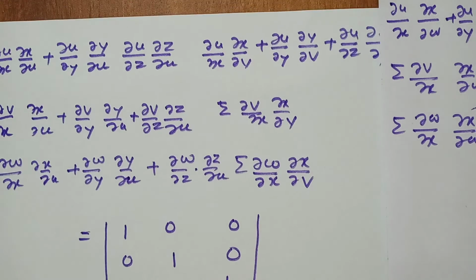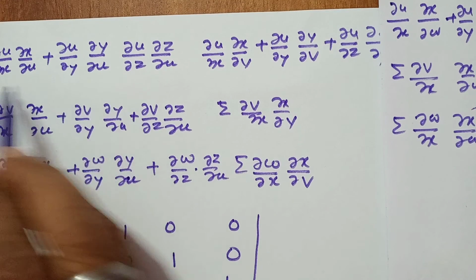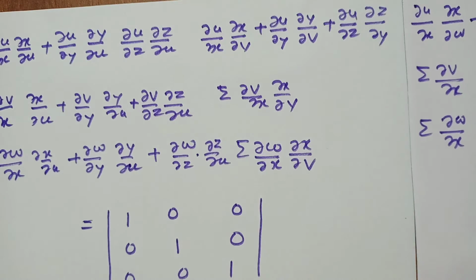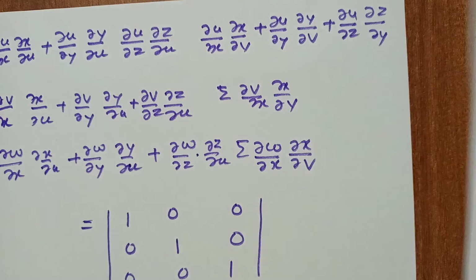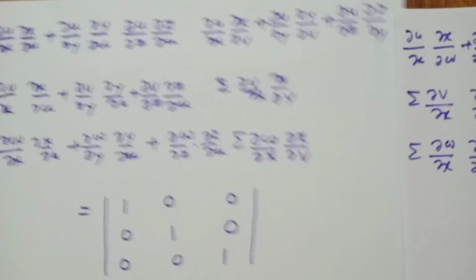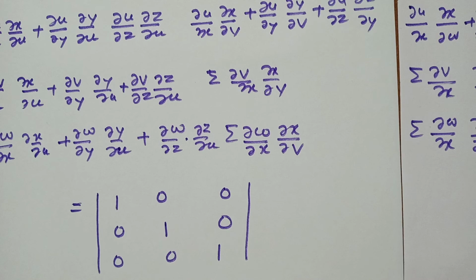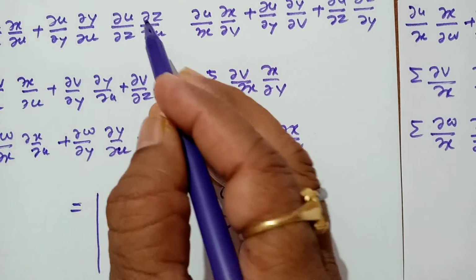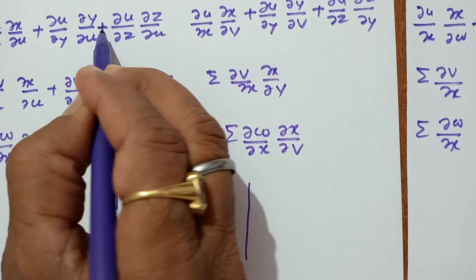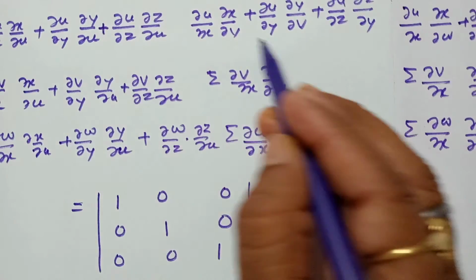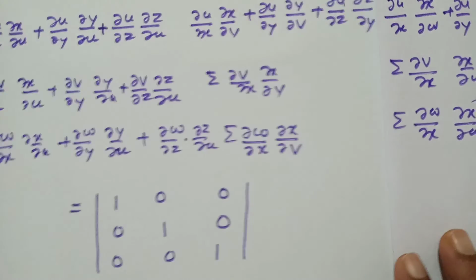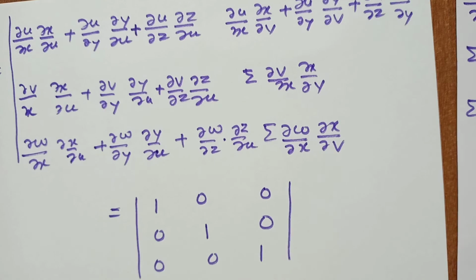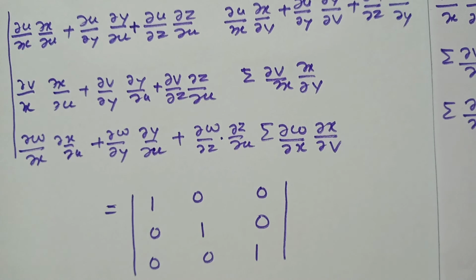Because this is the value 1 and this is 0 and this is 0, because u, v and w are independent variables. It means ∂u/∂x · ∂x/∂u + ∂u/∂y · ∂y/∂u + ∂u/∂z · ∂z/∂u is 1, and the others are 0, because u, v and w are independent, and similarly x, y and z are independent.